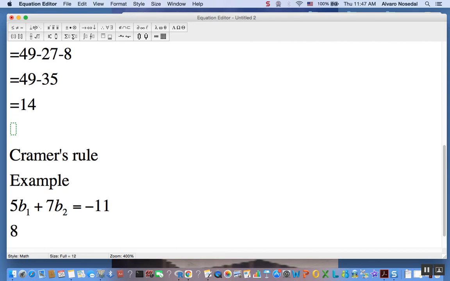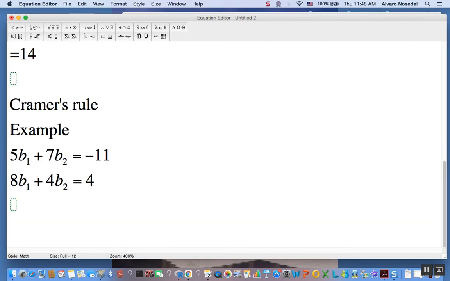Second one, 8 times B1 plus 4 times B2 equals 4. Okay? That's our system of linear equations that we want to solve using Cramer's rule.